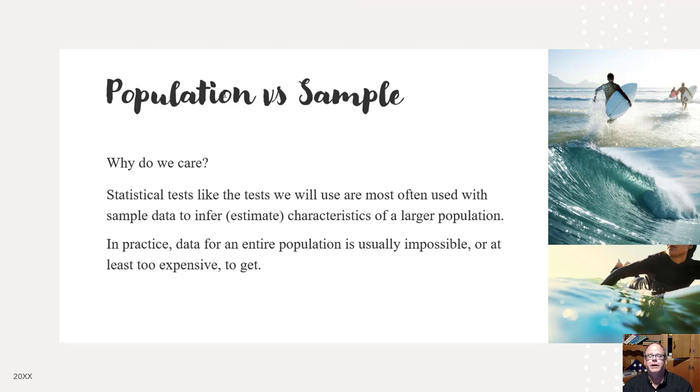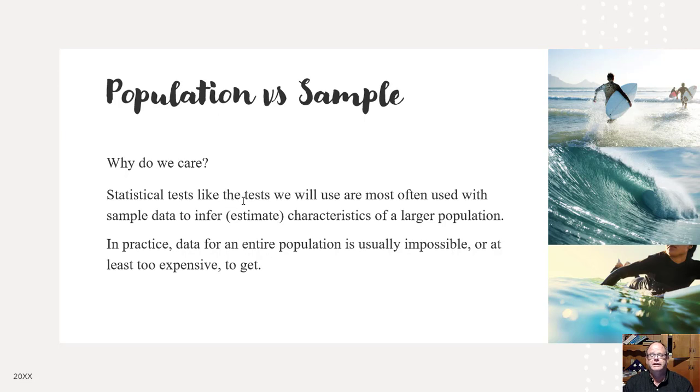Two vocabulary words: population versus sample. So the population is all the data about whatever is being studied. Okay? Usually populations are very big. A sample then would be a sample taken from the bigger population. All right? Why would we make a point of population versus sample?